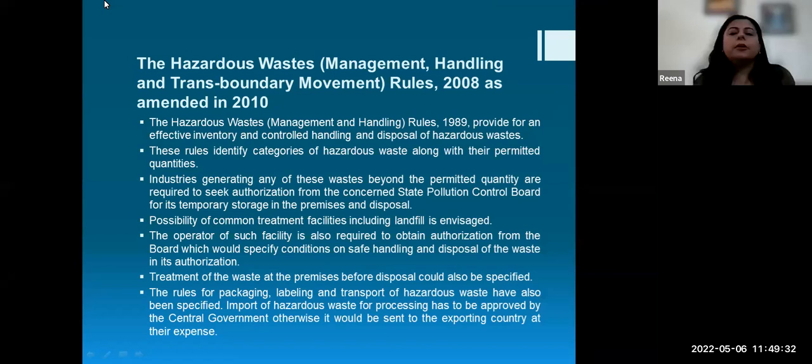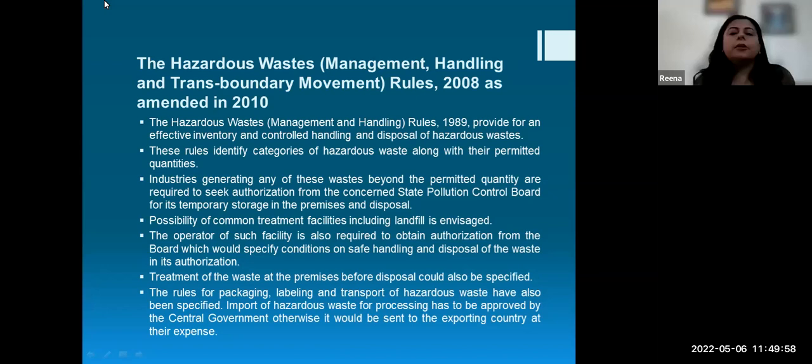So they cannot dispose of any kind of hazardous waste haphazardly anywhere without authorization and without declaration to the State Pollution Control Board. So now the possibility of a common treatment plant came into the picture, because there were many small units which do not have enough funds or infrastructure to ensure disposal of their hazardous waste.